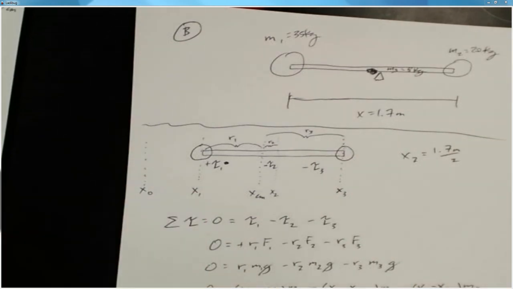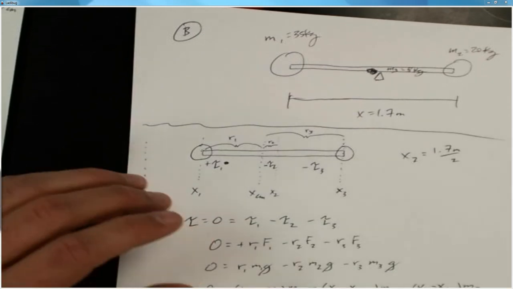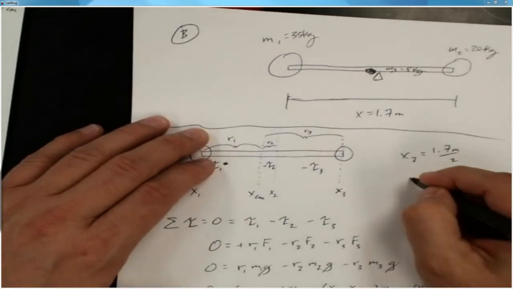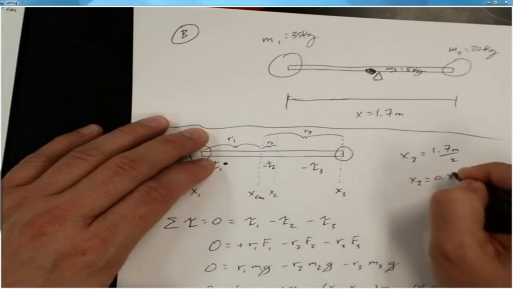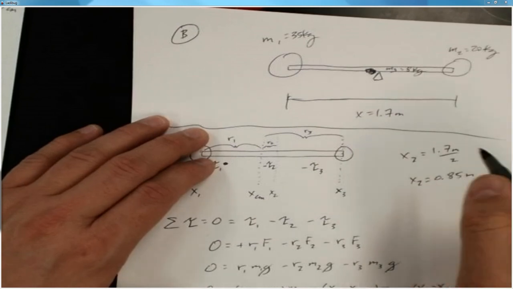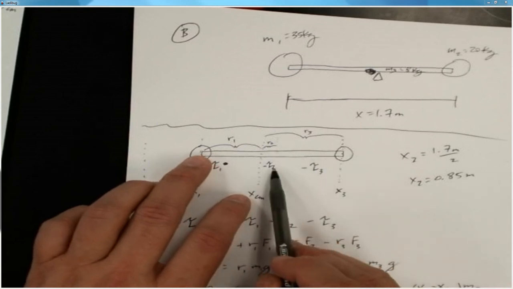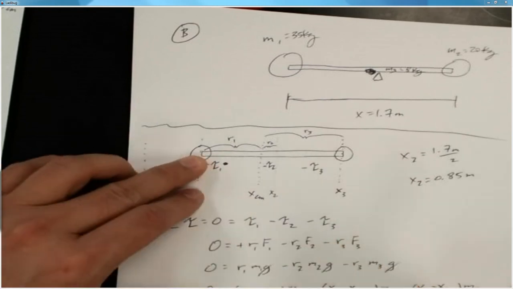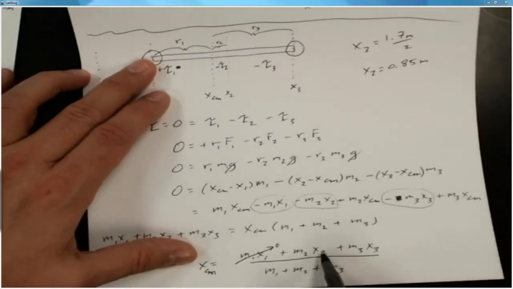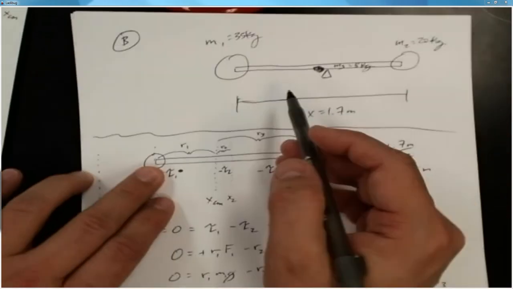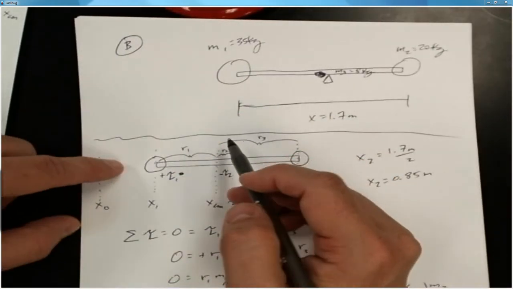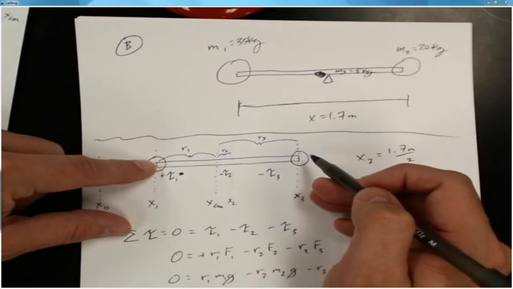All right. So that should be 0.85, because the bar, its center of mass should be right in the middle of the bar. So now I know what x2 is, so I'm okay with that. And x3 is going to be the whole distance. x3, if I put the origin here, is going to be the length of the bar.